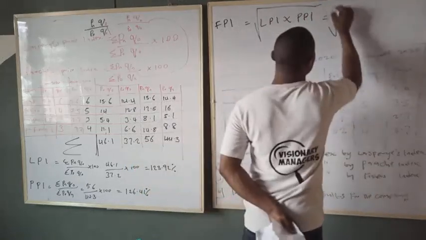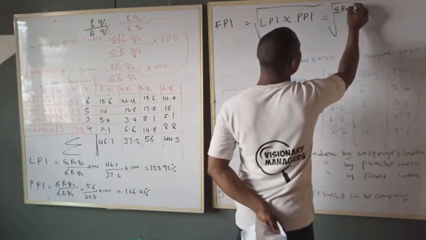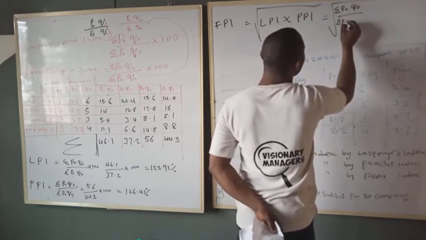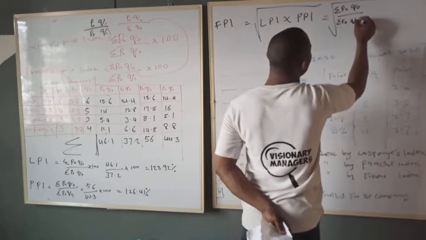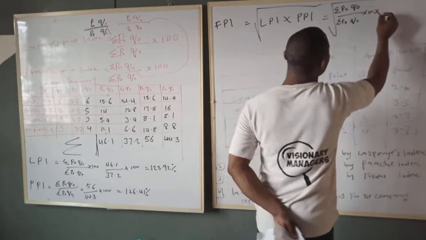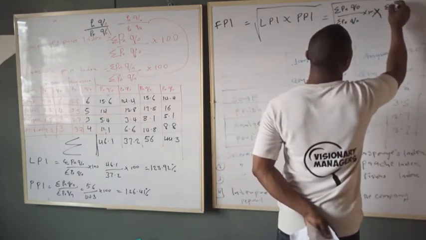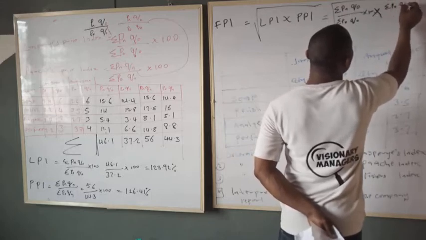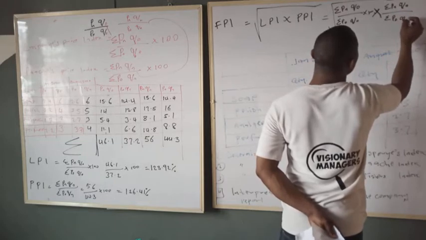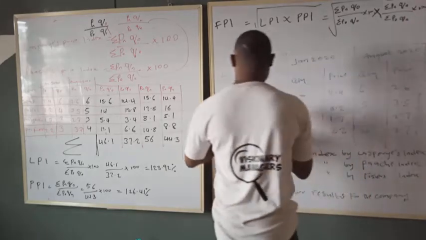So I stated it like this: the square root of summation PNQO over summation POQO times 100, multiplied by summation PNQN over summation POQN times 100. So this is the formula for Fisher's price index.